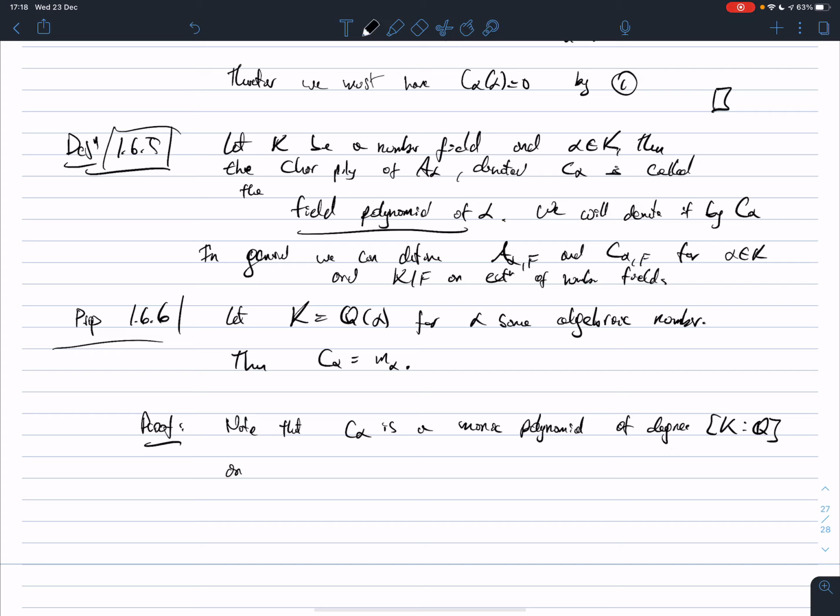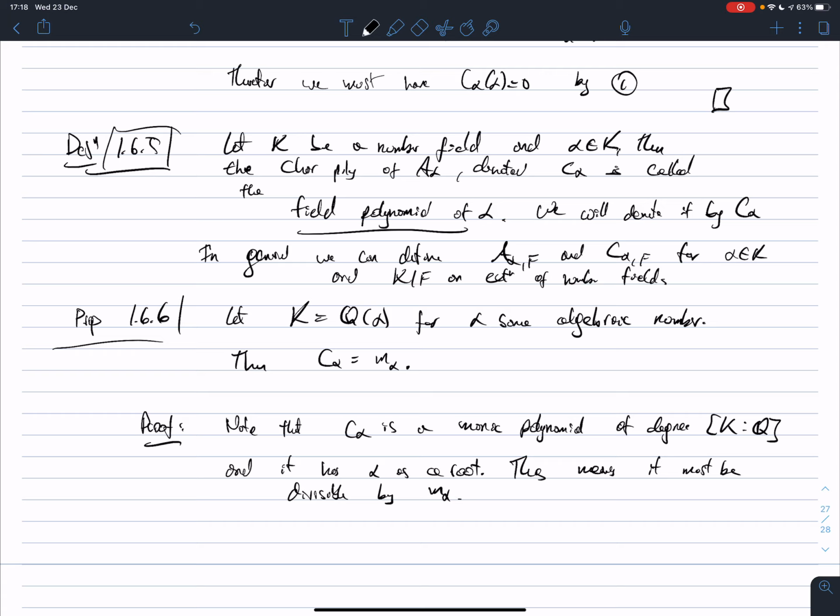And what we saw above, it has alpha as a root. So now we have two polynomials both of the same degree with alpha as a root. So this means it must be divisible by m alpha, because m alpha was taken to be the smallest polynomial which has alpha as a root.